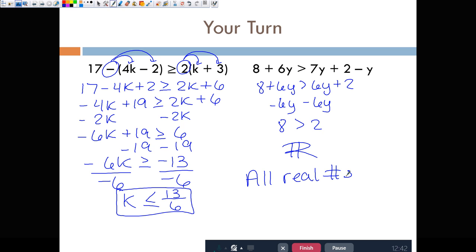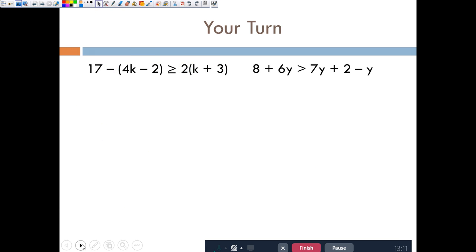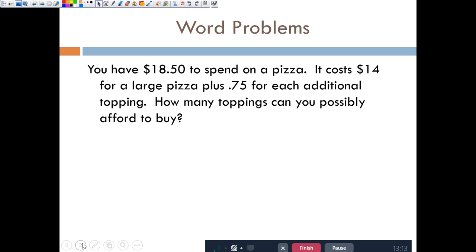And then we have 2 word problems. Okay, you have $18.50 to spend on pizza.